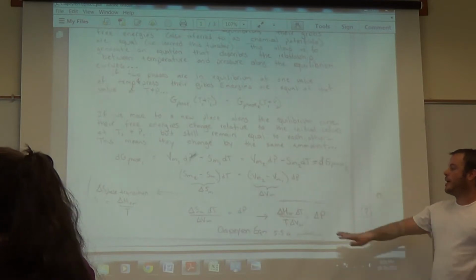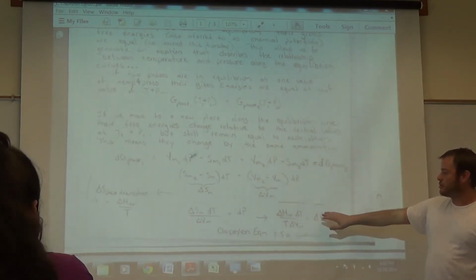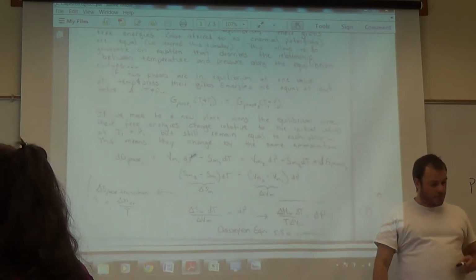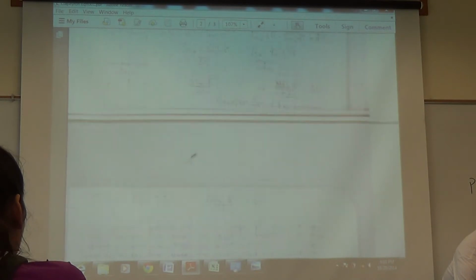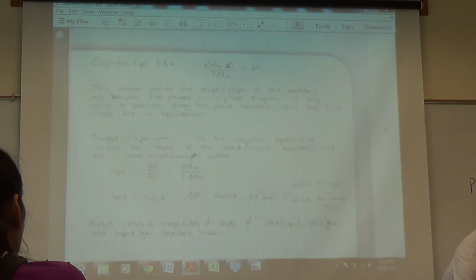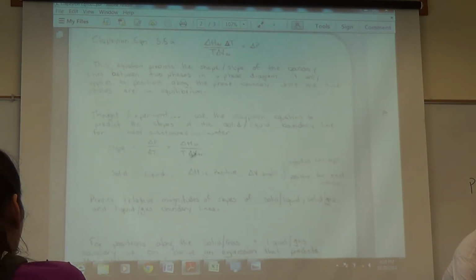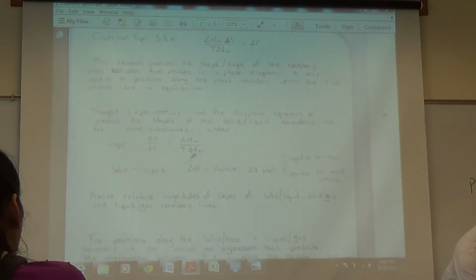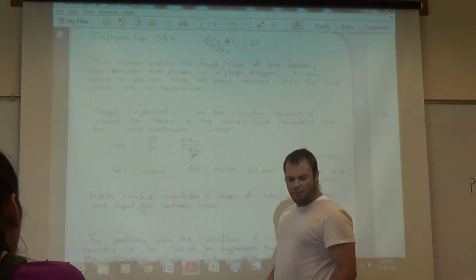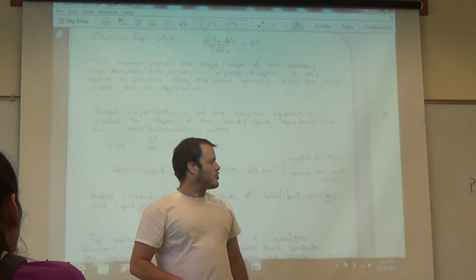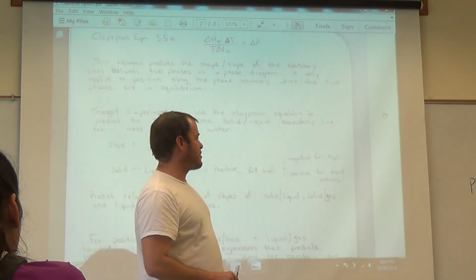So this equation describes the relationships between pressure and temperature along those curves. Let's talk about it for a second, and let's try to use it to put some logic behind some things that we might have already noticed.